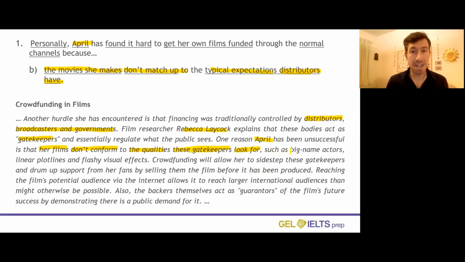It says big name actors, linear plot lines, and flashy visual effects. So this sentence, all of it is matched to some synonyms in the question. So B is the correct answer here because all of it is paraphrased or matched up. Let's just check for the others and see if they match as well or if they're incorrect.